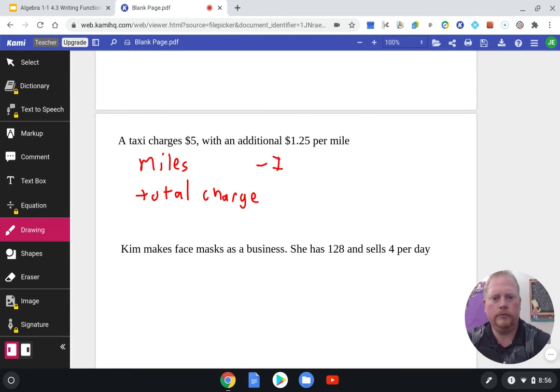So the number of miles is independent. And then the price, the total charge, depends on how many miles you went. So the number of miles is independent, and the total charge is dependent. It depends on how many miles you go. Okay, so let's take a look at the independent.